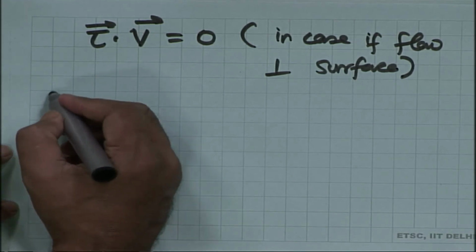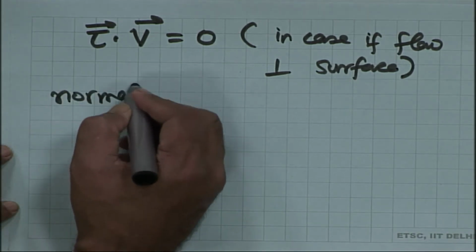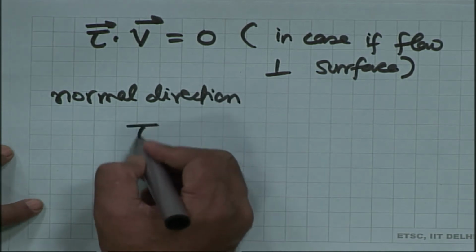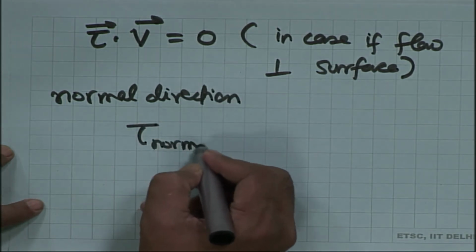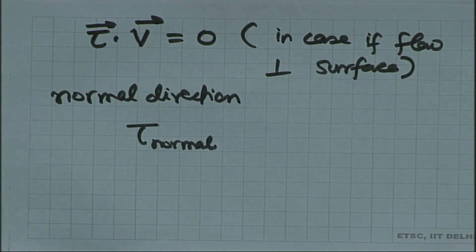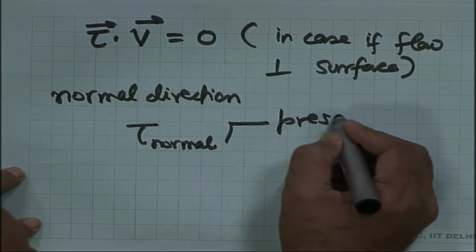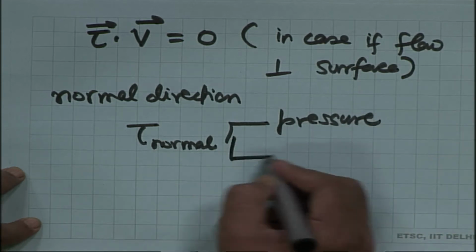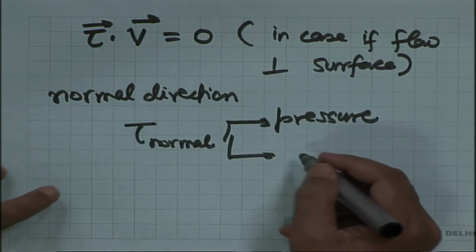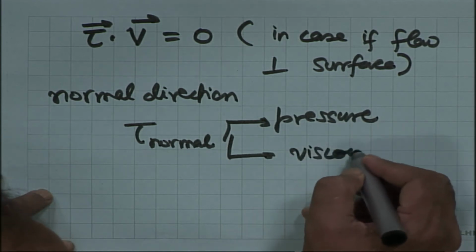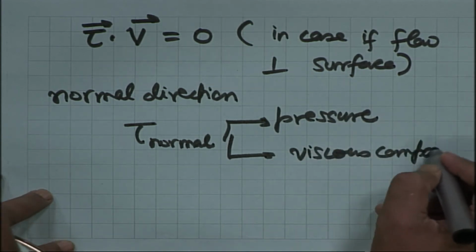And in the normal direction, there is a component of normal stress. Now, normal stress has a part which is pressure and the other part could be the viscous component of the normal stress.